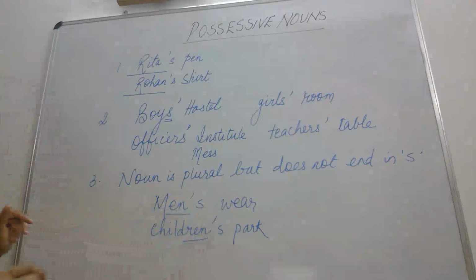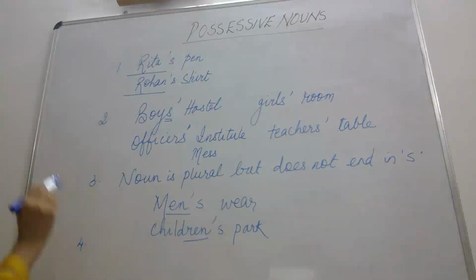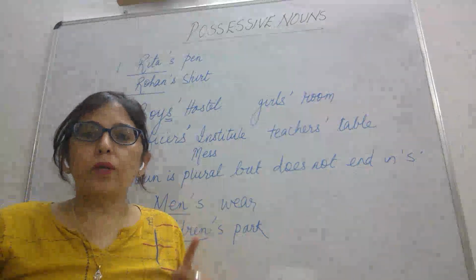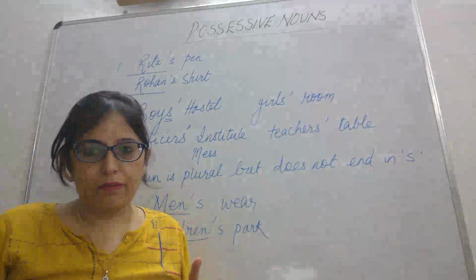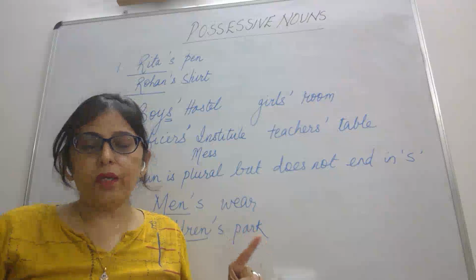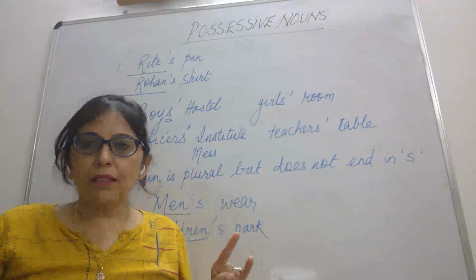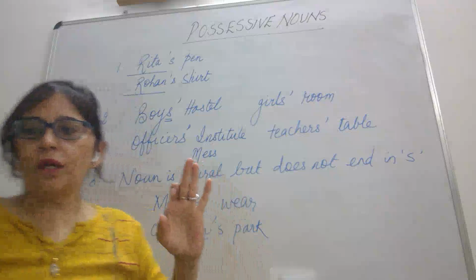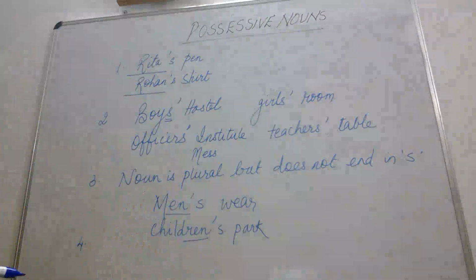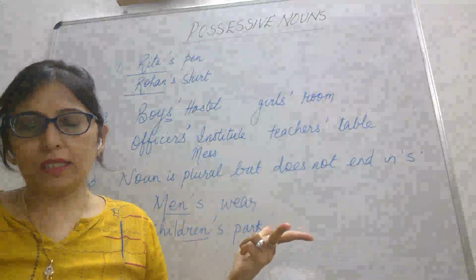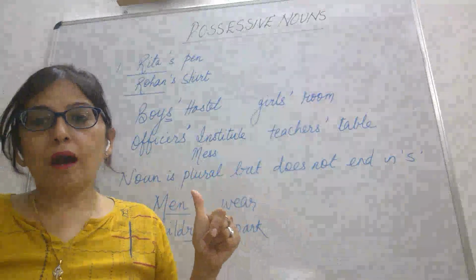Okay, now one very important thing. We make possessive only in the case of living things, right? Not for non-living objects. Okay, living things plus to denote time, weight or distance, like an hour's time.